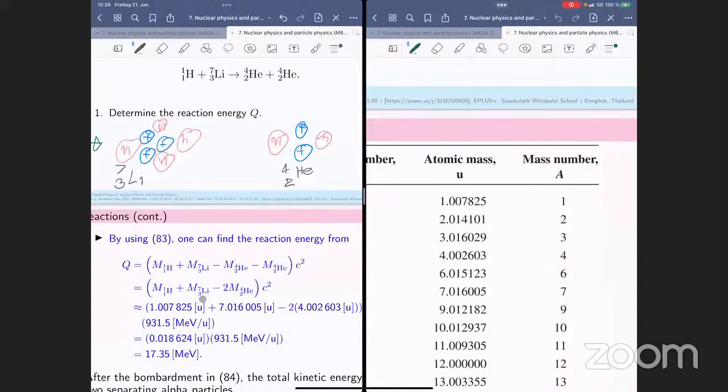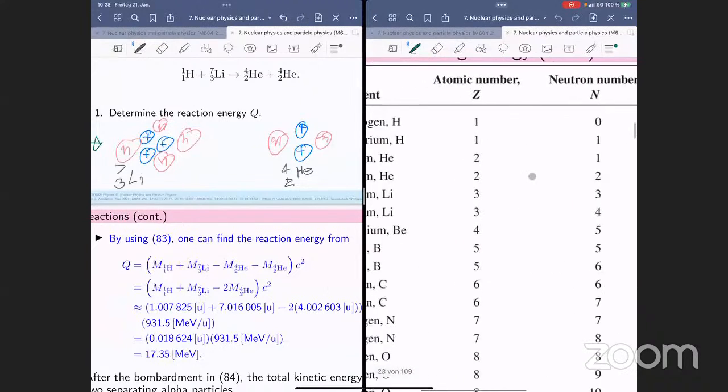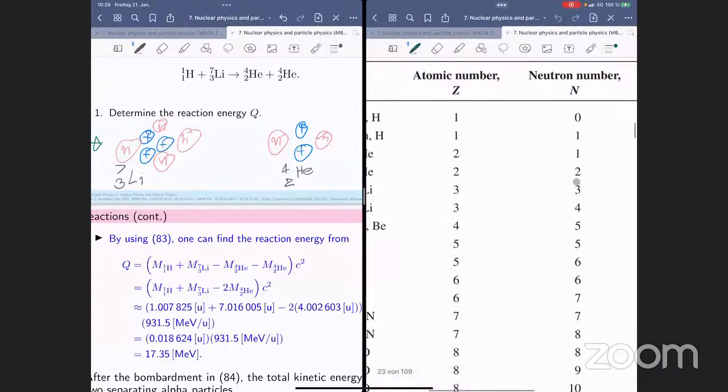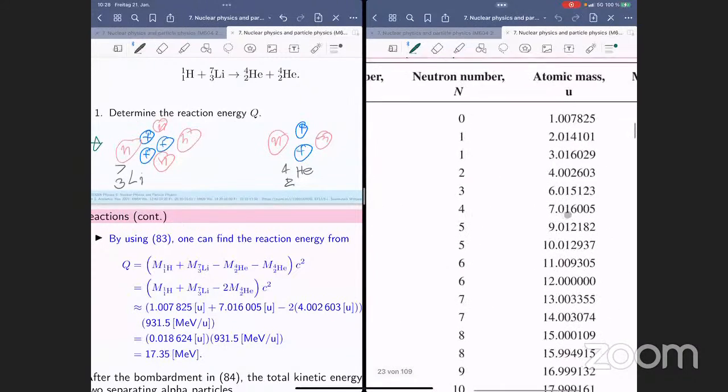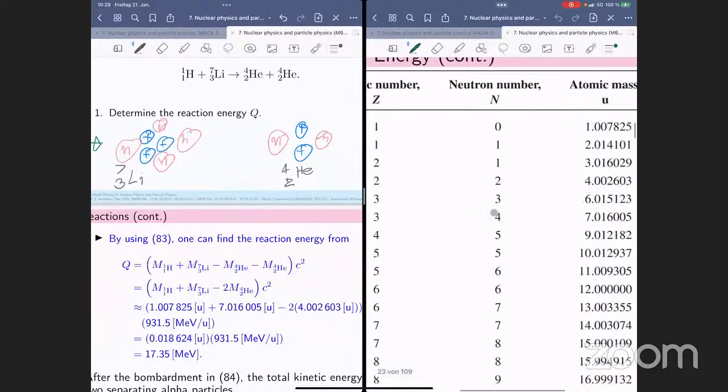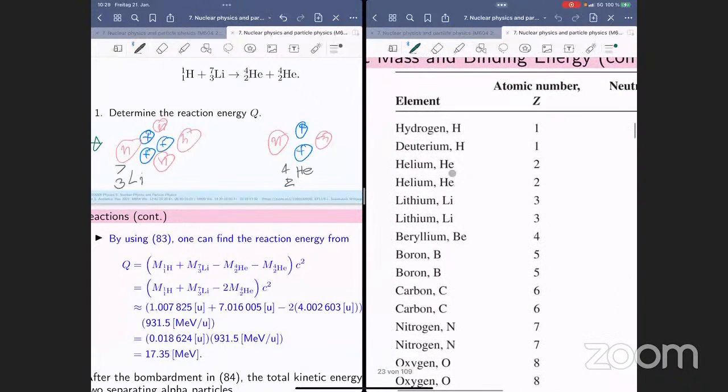And here's the mass of lithium-7. Where is lithium-7? Lithium-7 means this one. This is lithium-6. Lithium-7 is this one, and we're gonna take 7.016005. Okay, this value. And next one is the mass of helium-4, which is the alpha particle.